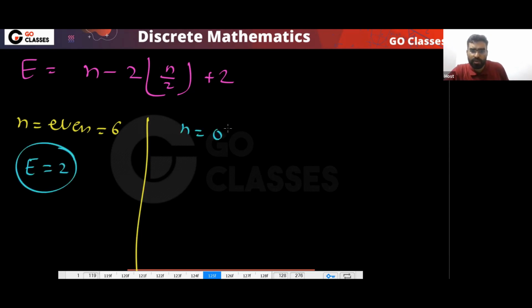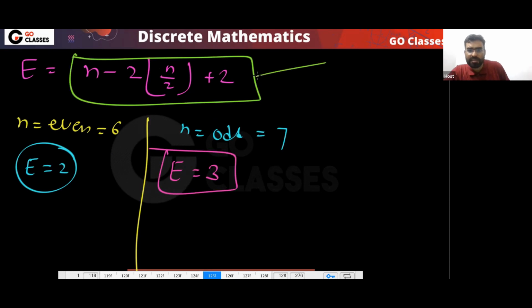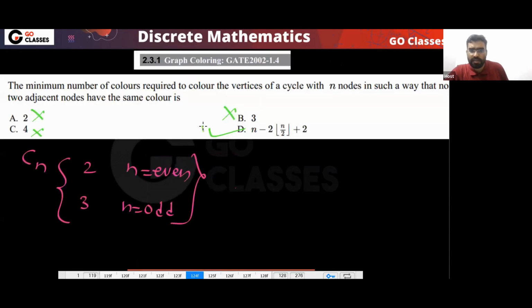And if n is odd, for example let's assume 7, then you will get 3. So this value becomes 2 when n is even, and this becomes 3 when n is odd. So this is your answer. Answer will be option D.